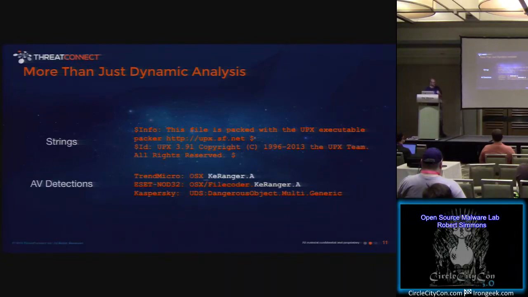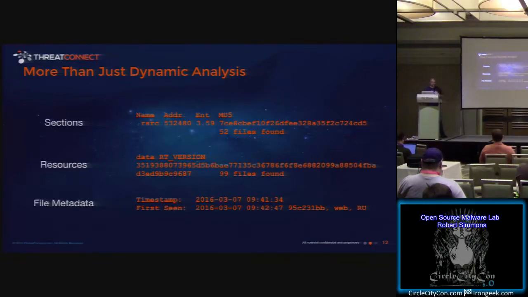So next I'm going to look at a couple of other ways of looking at things statically. And I'm going to pivot here into macOS malware. Pivot away from macOS malware. This is a PE, portable executable Windows piece of malware. And so here we have sections.